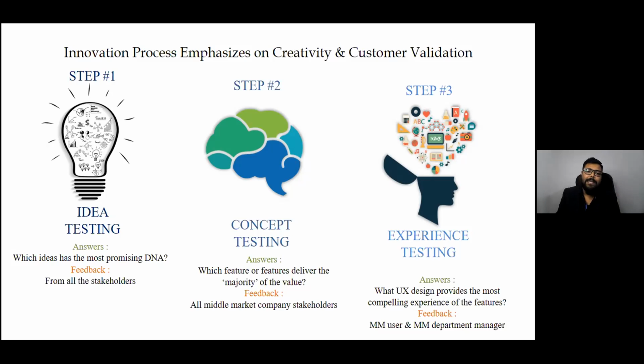So any idea can come from any direction. First of all, we need to find out what idea we will work on. That is very important. The first step is idea testing. There can be several ideas, but we need to test each and every idea, because we need to find which has the most promising DNA.